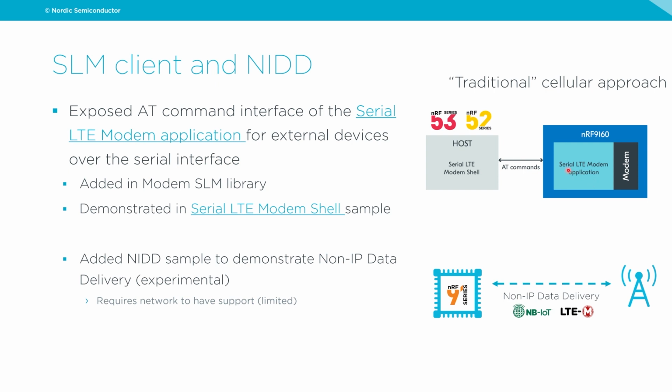This would be using the Serial LTE Modem application on the nRF9160, which essentially passes AT commands from the modem to the UART, which is sometimes the traditional approach to developing cellular products. So now you can check how to do this using an nRF53 or nRF52 series host, with the Serial LTE Modem application on the nRF9160 side.